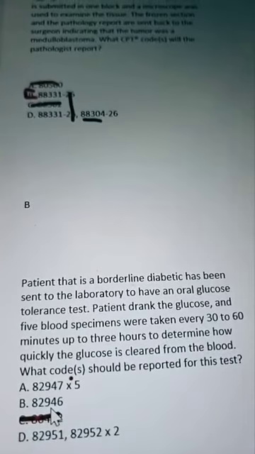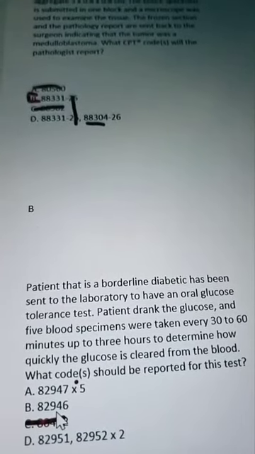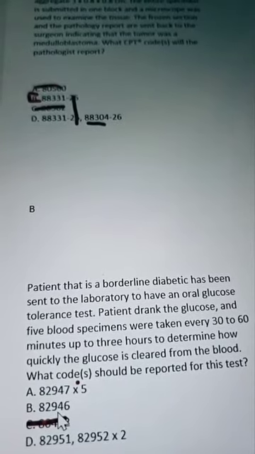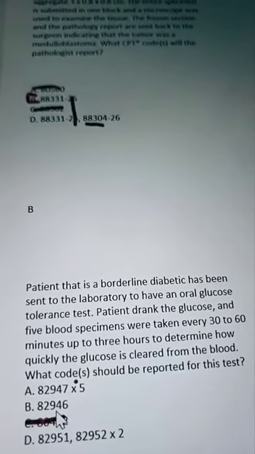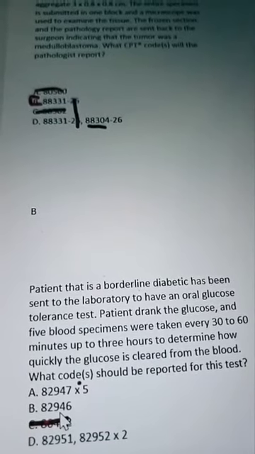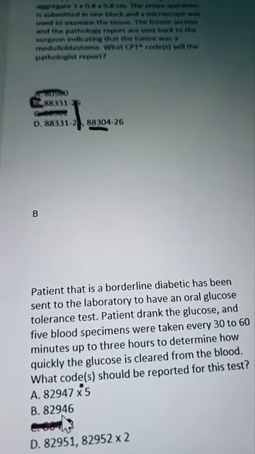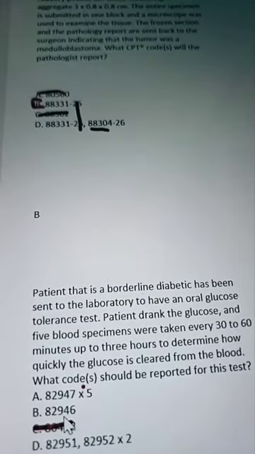So let's see our question. We are doing a borderline diabetic one who drank the drink. Yep. And does it say anything about quant or qual? I was just wondering. Nope. So 5 blood specimens all together were taken.